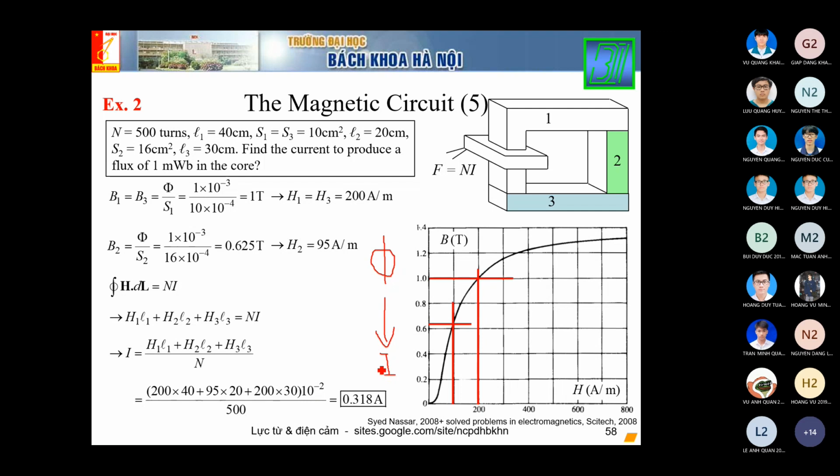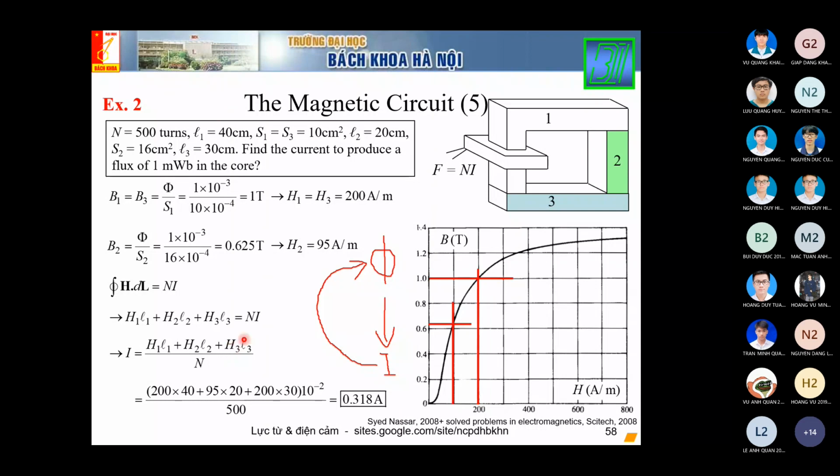But if we try to do the reverse problem, the solution is a little harder. Why did I say that? Because let's imagine that we are given the current. Let's say that current is 0.5. So if we are given I here, how can we find H1, H2, and H3? The answer is impossible.